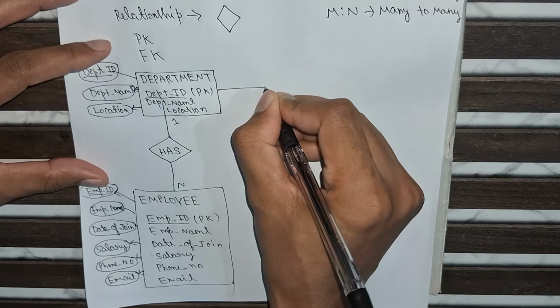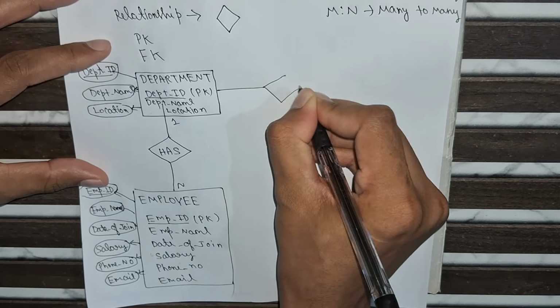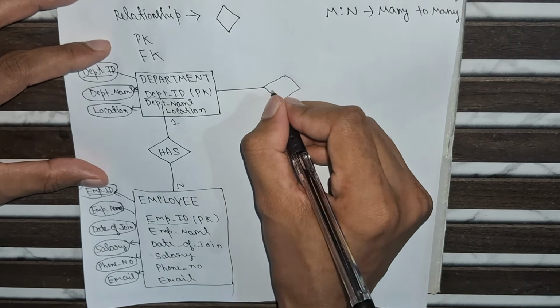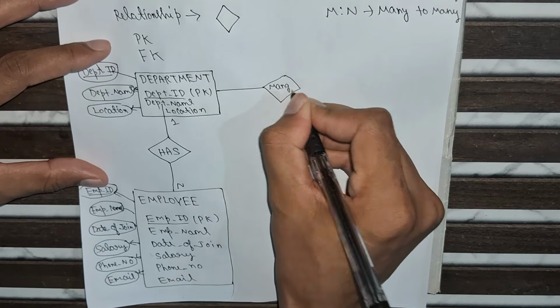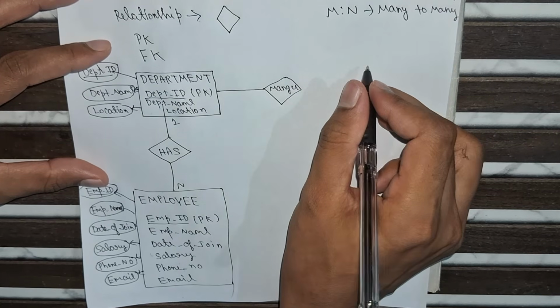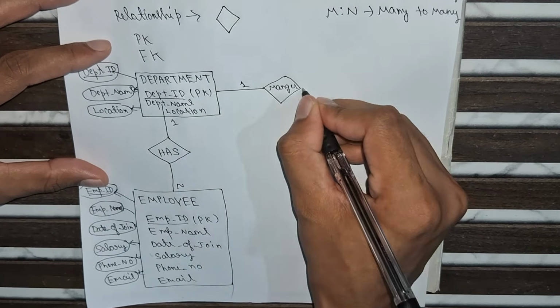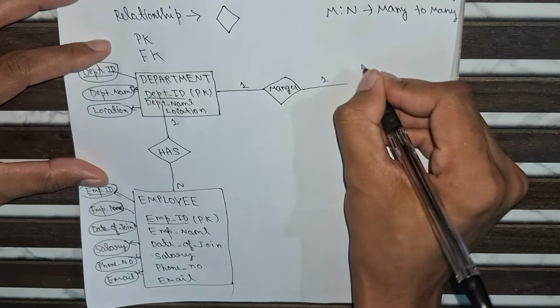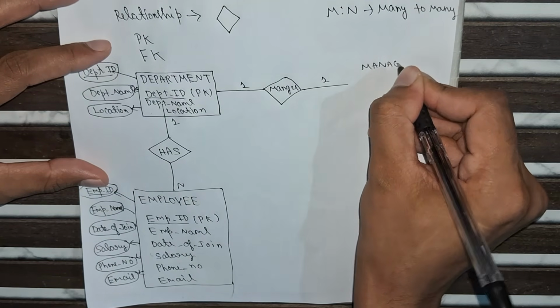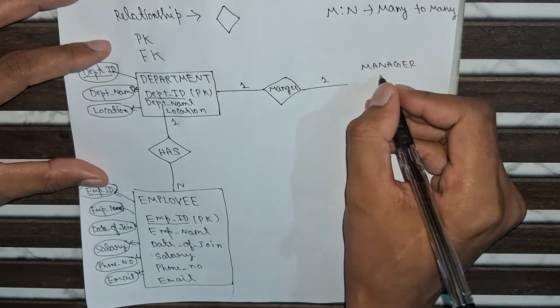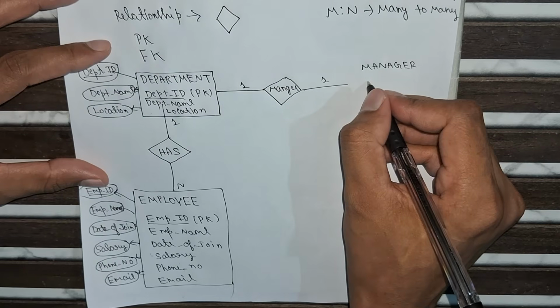Now we are moving towards the next entity, which is manager. We will write like this. Then the relationship between them we are writing under the diamond shape: manages. This is the relationship between department and manager, and this is a 1 to 1 relation. Now we are writing manager. Under the manager, what will be the attributes?